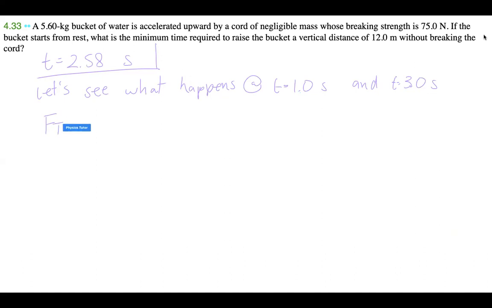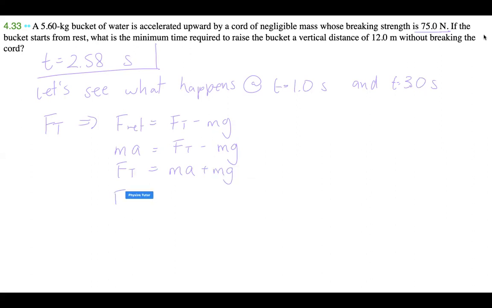because we need to know if it's greater than this or smaller than this, we can reverse or use our equation from before. So before we said that F net is equal to Ft minus mg, and F net was really just ma, so ma is equal to Ft minus mg, and we're looking for Ft, so Ft is equal to ma plus mg.